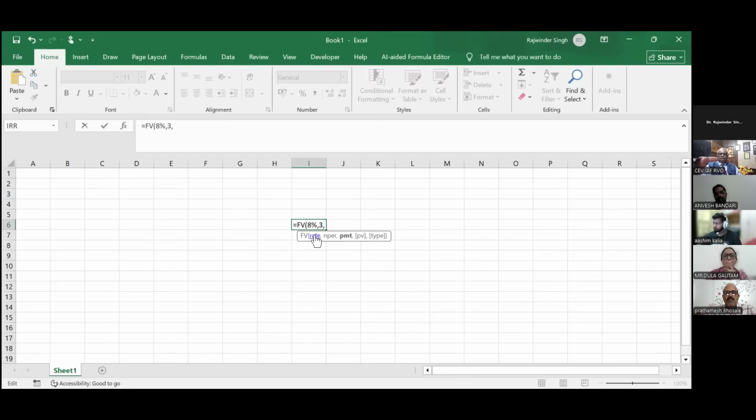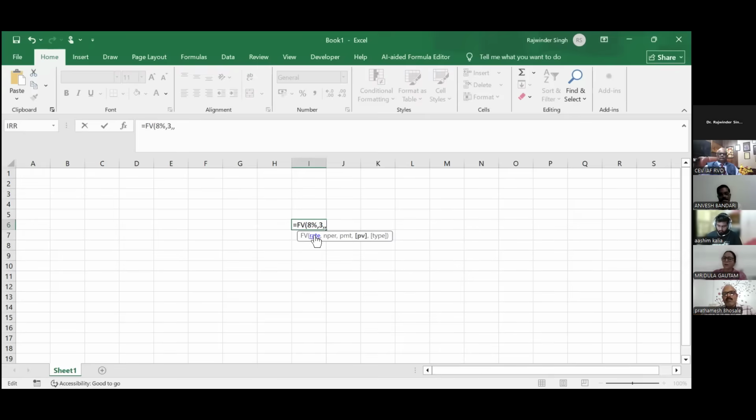So see here, for every different requirement, you have to put a comma. First 8%, just put a comma. NPER 3, just put a comma. And then if PMT is not given to you, just put a comma for that.